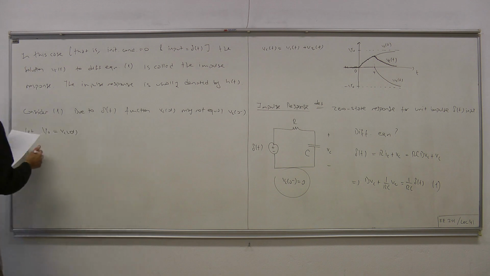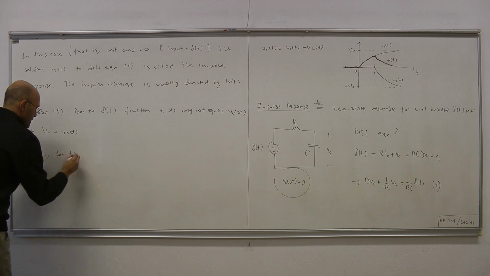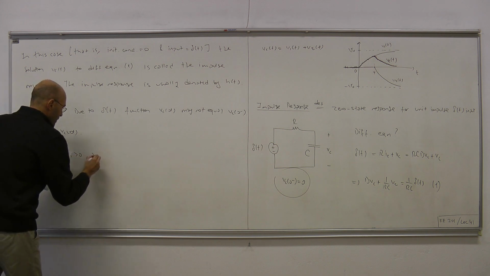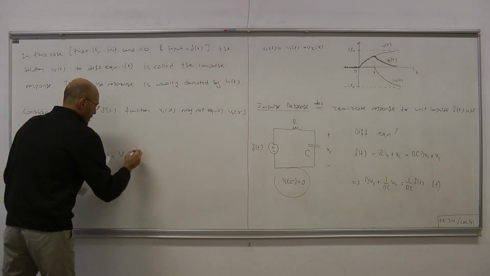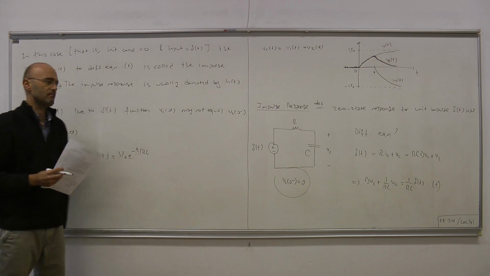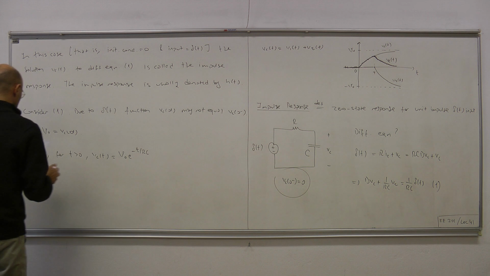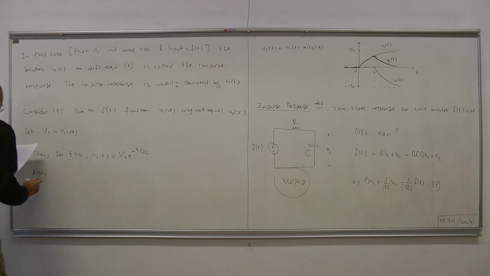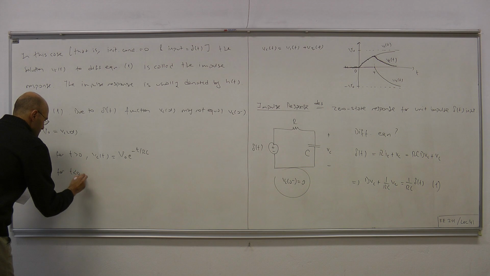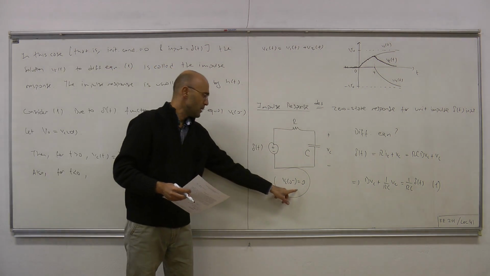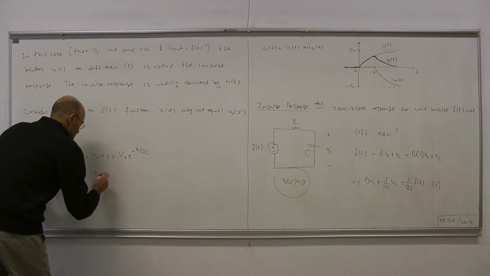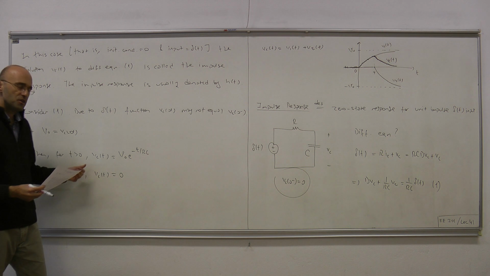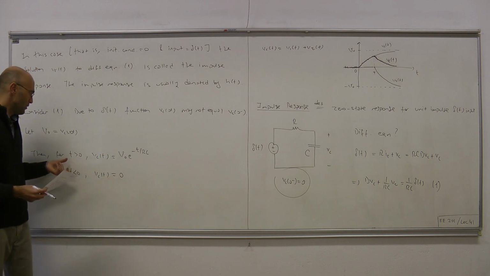Okay. Then for t positive, Vc(t) equals V0 e to the minus t over RC. Also, for t negative, the initial condition is 0, everything is 0, therefore Vc(t) is also 0. Okay, so this is a piecewise definition of Vc(t).